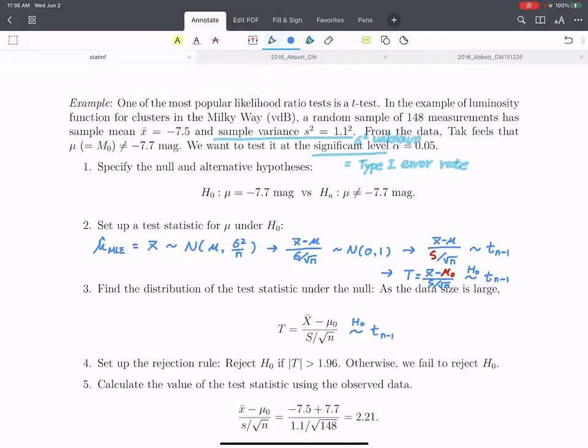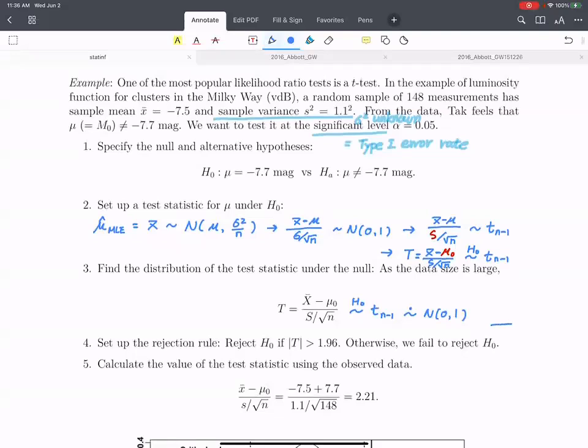Okay, because we only derived that, we know that this should be, under the null, a t distribution with n minus 1 degrees of freedom. Because the data size is pretty large, we can also say that this is approximately the same as a standard normal distribution. So we will use the same quantile values. That makes the sum of the tail areas on the left and right equal to 0.05, because we are concerned about significance level alpha equal to 0.05.